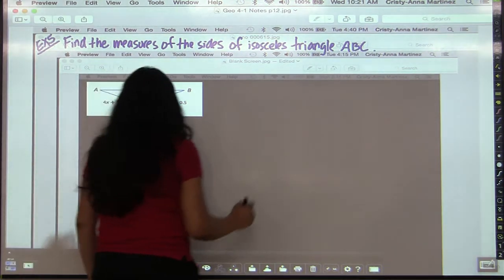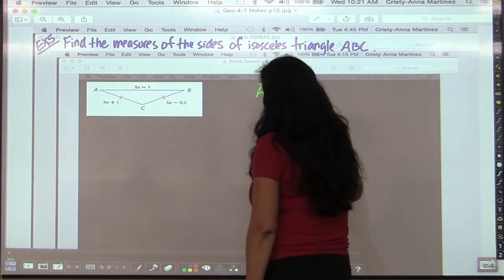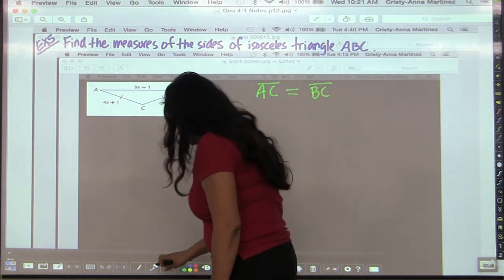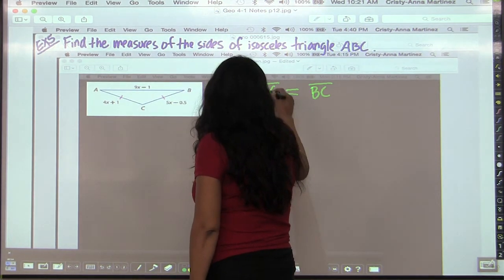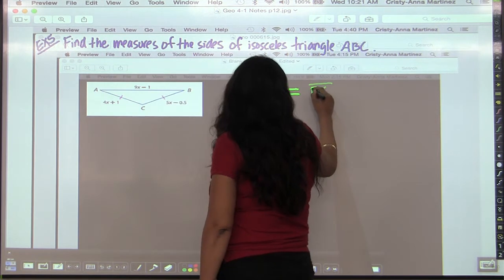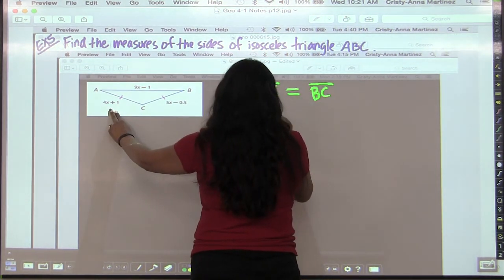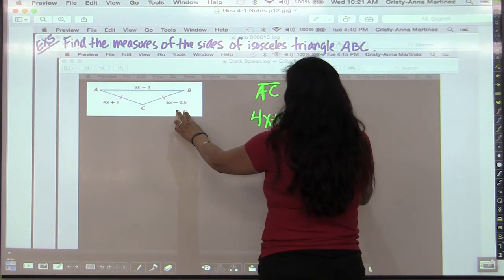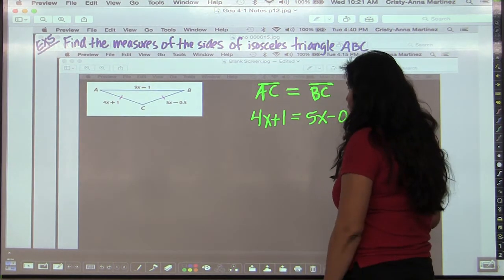So based on that information, we know that AC should equal BC. Oops, I think we're still running on a highlighter mode. There we go. AC is equal to BC. So that means that the expression 4x plus 1 would equal the expression 5x minus 0.5. And then we solve for x.